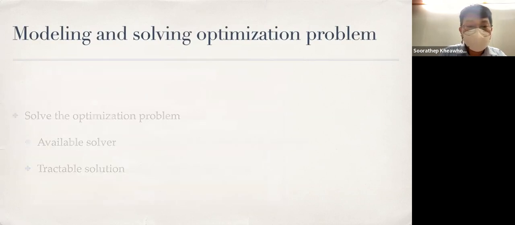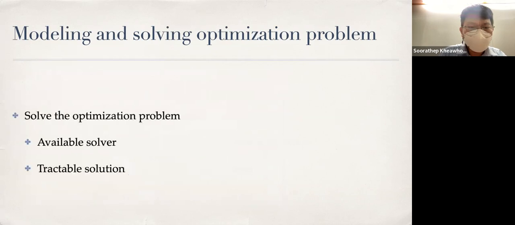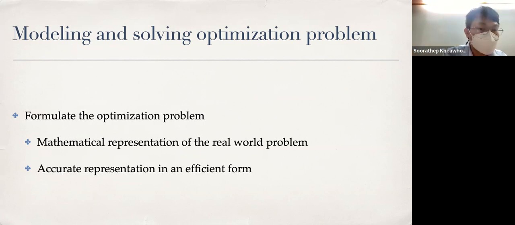Okay, and last time we talked about the procedure for modeling and solving an optimization problem. The process involves 3 major steps, right? The first one, we formulate the optimization problem.